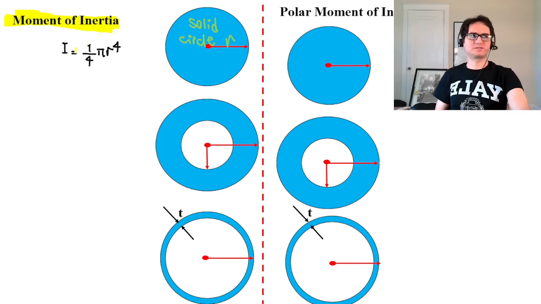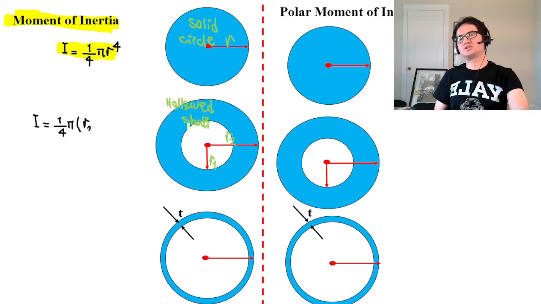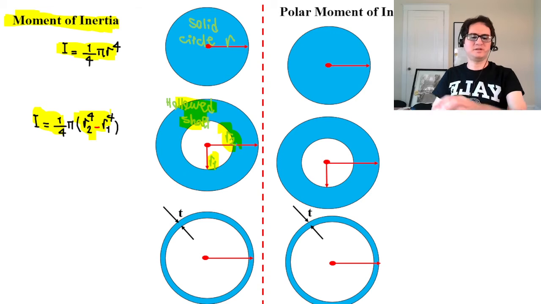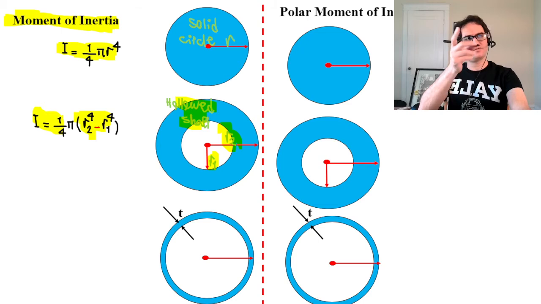and Iy, because due to symmetry they are identical to each other, is a quarter of pi r to the power of 4. And if that's a hollowed shaft or hollowed section with R2 and R1, then the moment of inertia is just a quarter of pi, the outer radius to the power of 4 minus the inner radius to the power of 4, and that's all for a hollowed shaft.